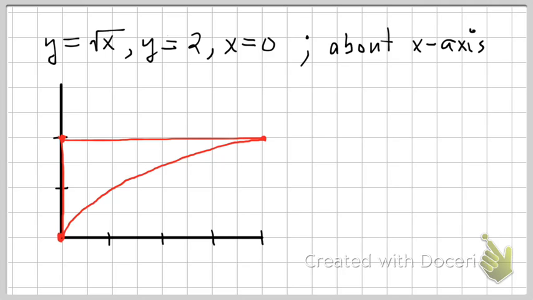Okay, so in this case, we are spinning about the x-axis. How do you want to slice? If I slice vertically, what shapes do I make? Washers. Can you guys picture that? Picture that vertical slice as it slides around. It's going to make a washer, right?